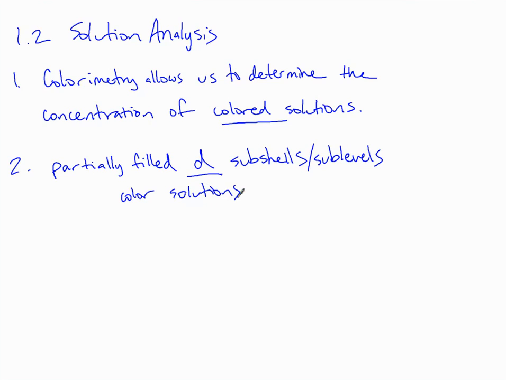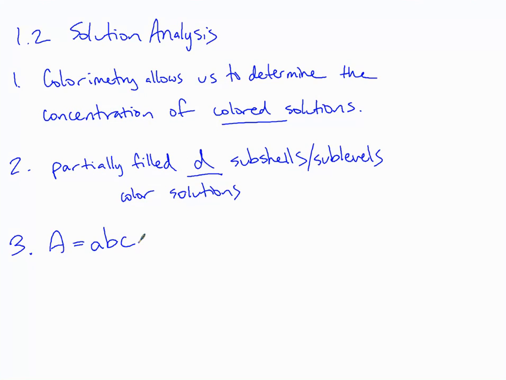Number 3 says, state Beer's law. What factors affect the absorbance of the solution and why? Absorbance equals a times b times c. This is on your AP formula sheet.